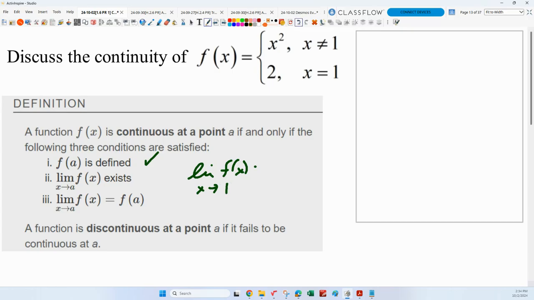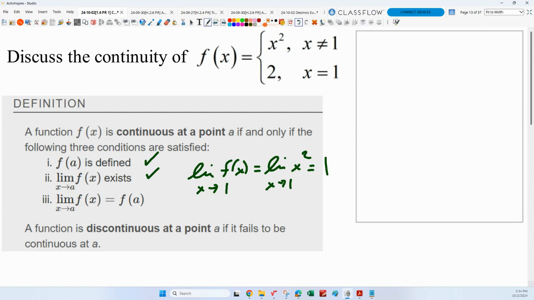As x approaches 1 is the limit of what? Limit of x squared, right? Because when we're approaching 1, for every value other than 1 itself, the function is x squared, right? So we're taking the limit of x squared as x approaches 1, and what is that value? 1, okay? So the limit does exist.